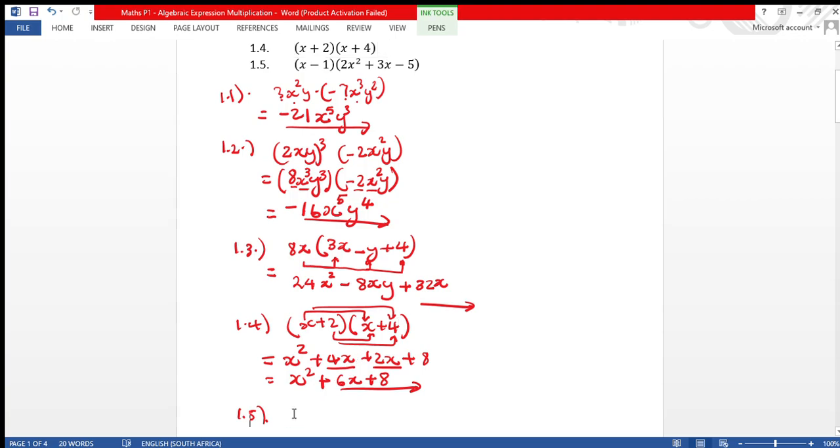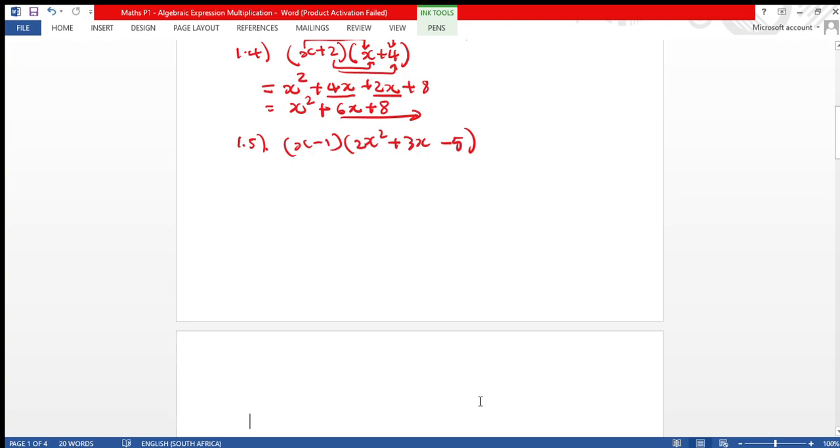So question 1.5 is x minus 1 multiplied by 2x squared plus 3x minus 5. So let's try and work this one out.